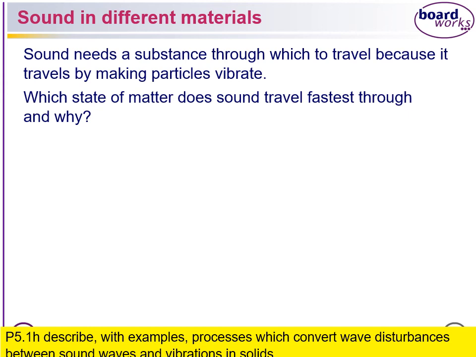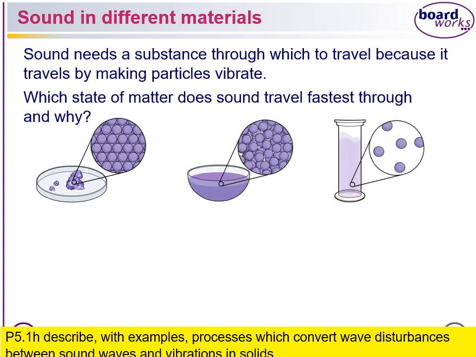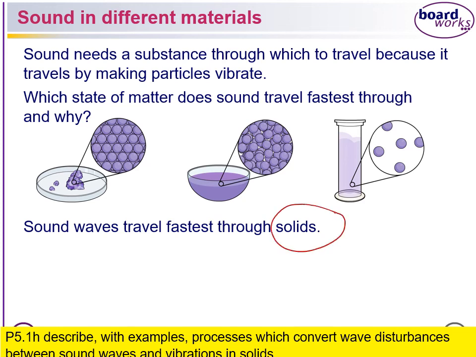And in which state of matter do we have all the particles very closely packed? We have them in solids. So in solids, since the particles are very closely packed, sound waves will travel the fastest through solids. So keep that in mind. Sound waves travel the fastest through solids.